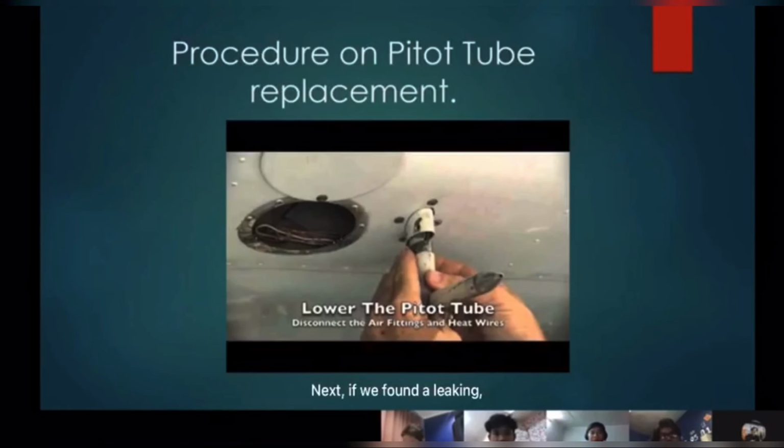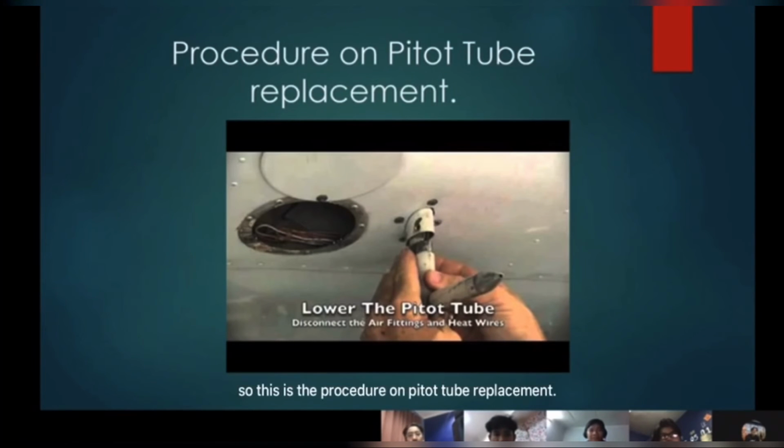Next, if we find a leak, we must replace it. So this is the procedure on pitot tube replacement. First thing first, we must wear eye protection and gloves. The first procedure is we must make sure the master switch is in the off position.